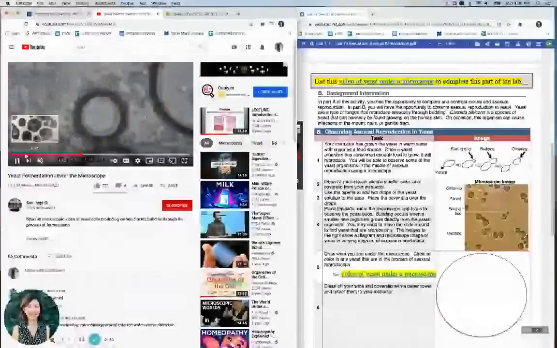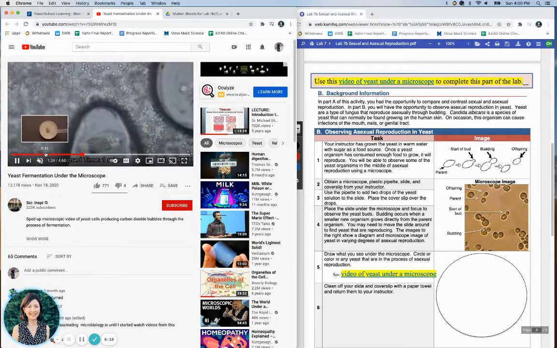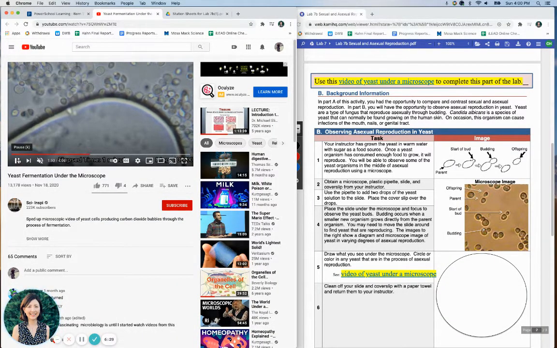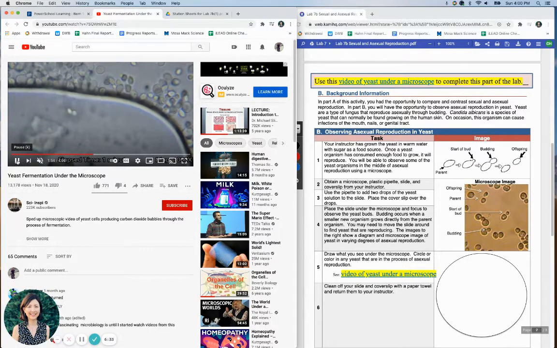He shows you how it is part of the baking process, and that's what causes bread to rise, because the yeast are producing a gas, and that's causing bubbles in the dough, and that's what causes bread to fluff up.